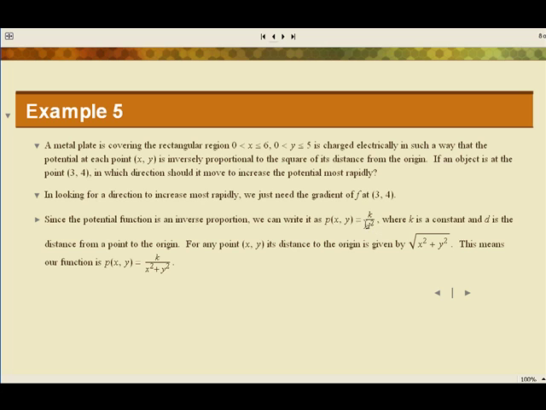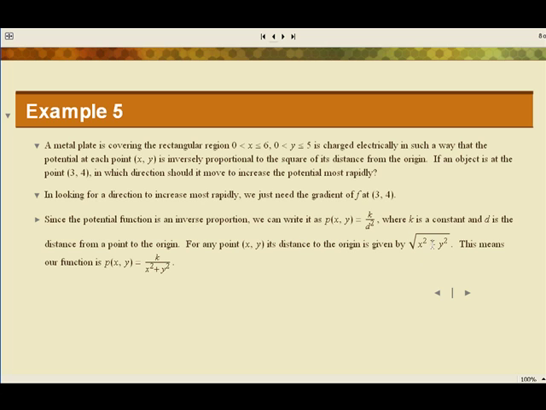Now I do want to put that d in terms of x and y. This is what the inverse proportion means: I just have k divided by the square of the distance. So let's find that distance to the origin. For any point (x, y), the distance to the origin is the square root of x squared plus y squared.